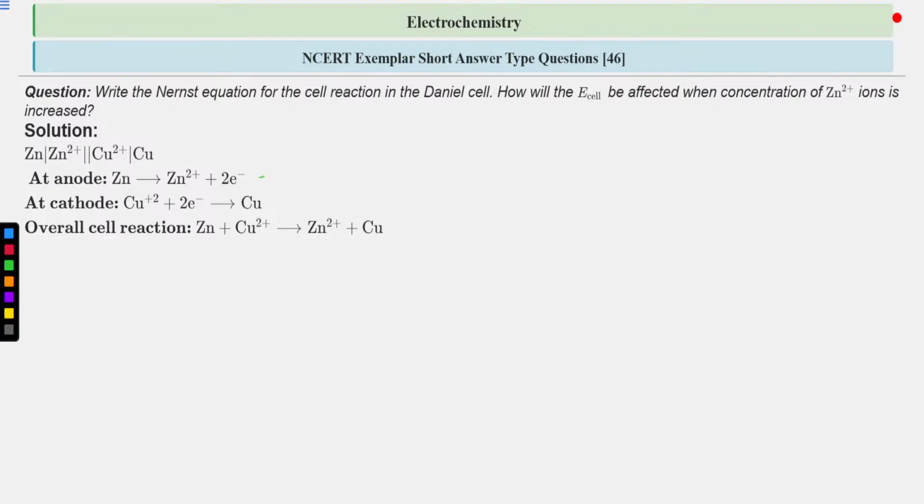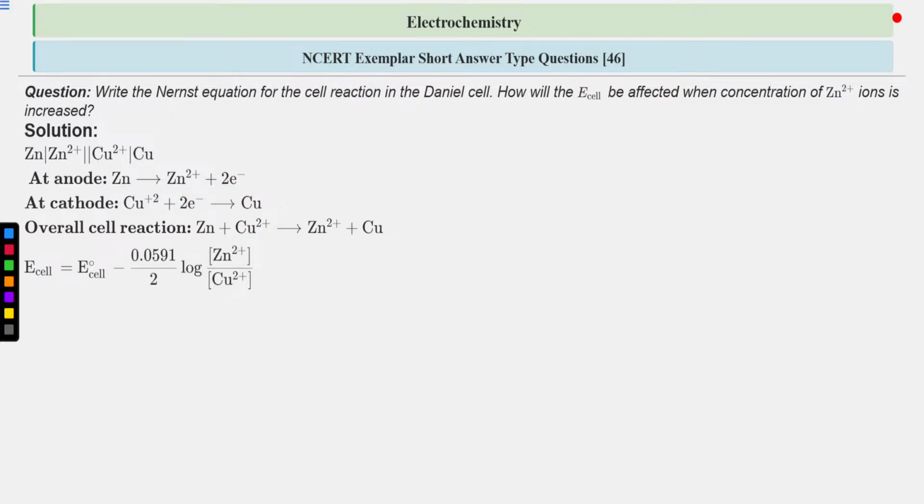The overall cell reaction will be the sum of these two, which is Zn plus Cu2+ giving Zn2+ plus Cu. The 2 electrons on the left hand side and the right hand side of the reaction arrow cancel out. So this is the overall cell reaction. Now you have to write the Nernst equation for it.